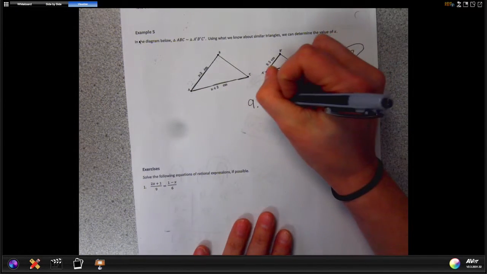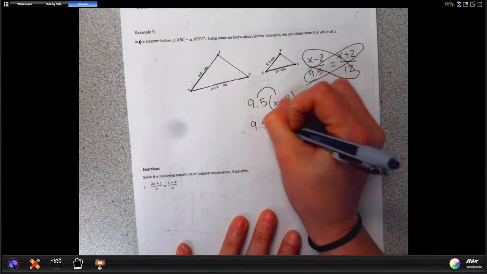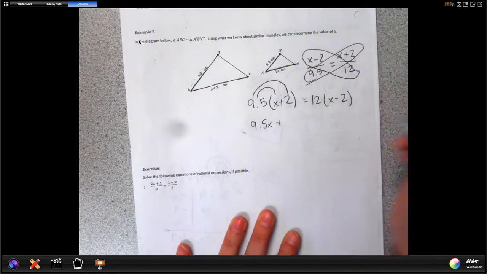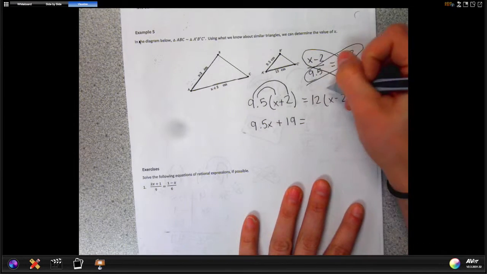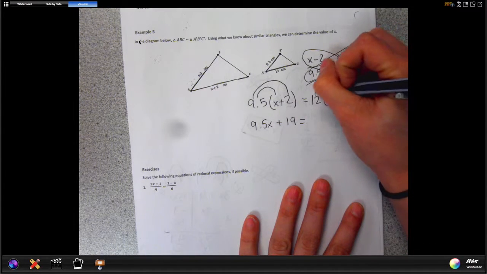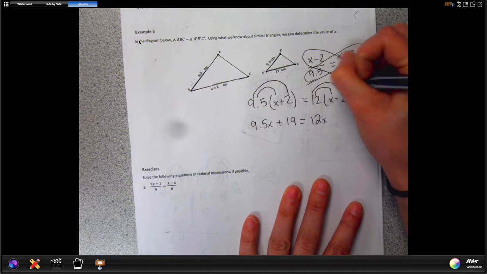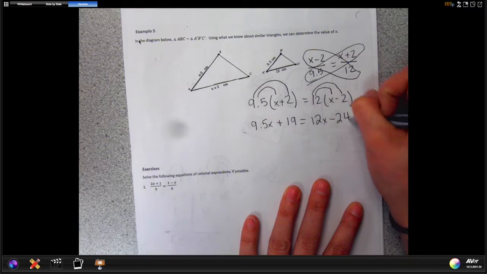I'm going to distribute 9.5 times x to get 9.5x, plus 9.5 times 2 is going to be 19. And then I have to distribute this side as well. 12 times x is 12x. And then 12 times negative 2 now is negative 24.